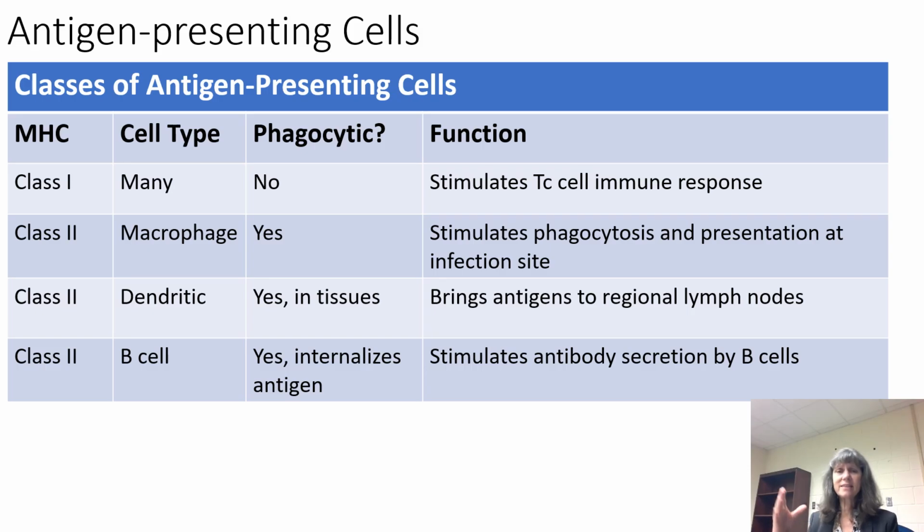With dendritic cells, they eat them up, and then they bring the antigens to regional lymph nodes, where they'll interact with T cells. B cells will eat up the antigens, and then they work with helper T cells, which in turn will stimulate antibody secretion by plasma B cells. So there's a lot more involved in that, and we'll discuss that.